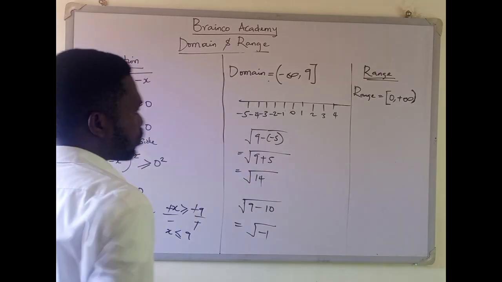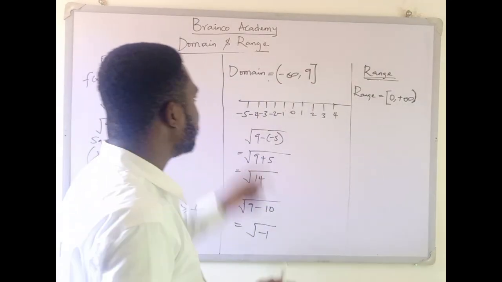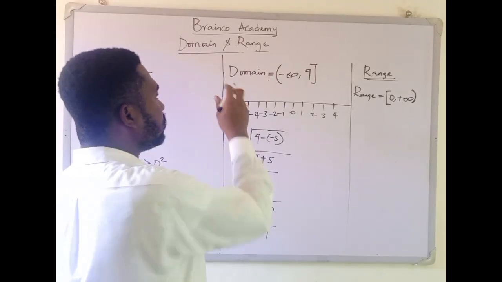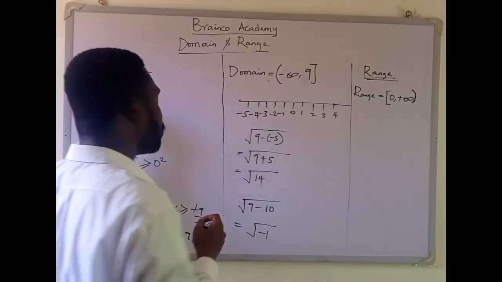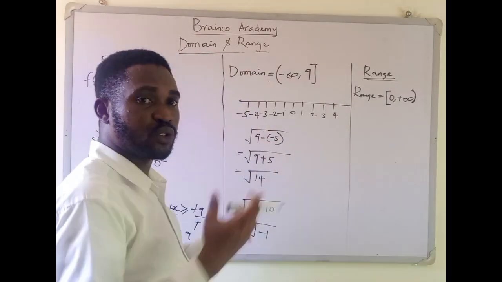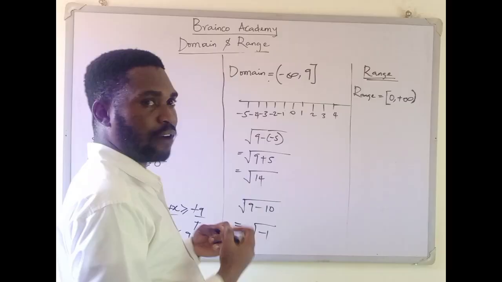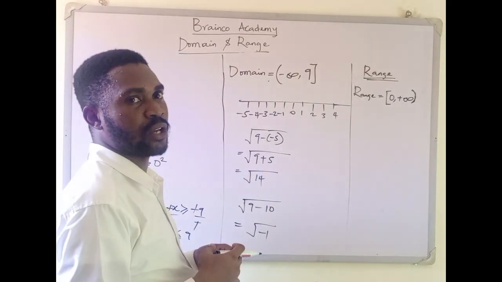And that is what the range is. So I repeat again: the domain is the input values, the values that you put into the function to see that the function is defined, while the range is the output values you get after putting in the domain.